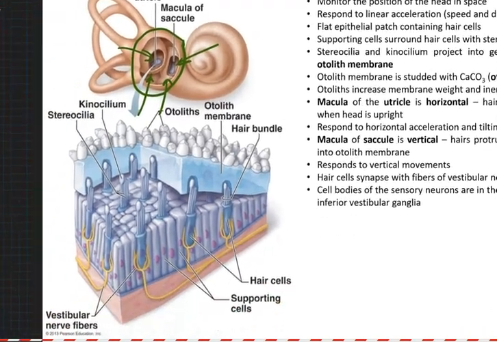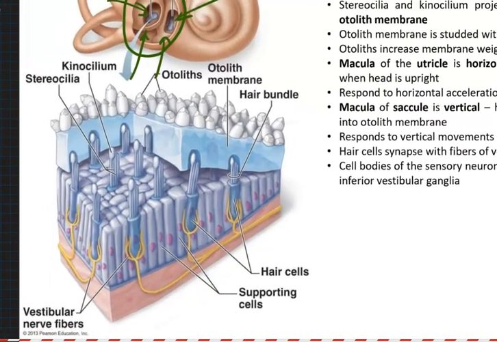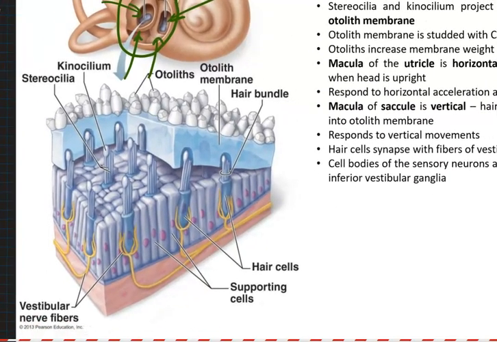So each macula has pretty much the same structure. Let's take a look. Among the supporting cells are hair cells. Just the same hair cells as the hair cells in the ear. Does that make sense? The stereocilia, the hair, are embedded into this otolith membrane.